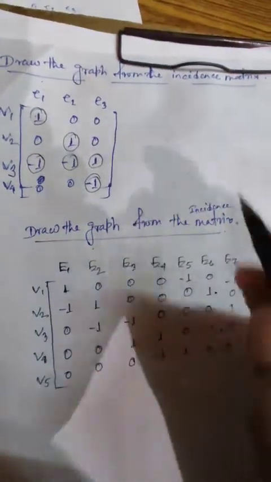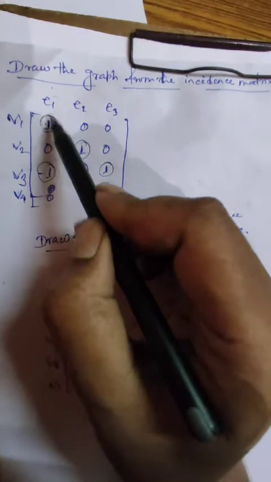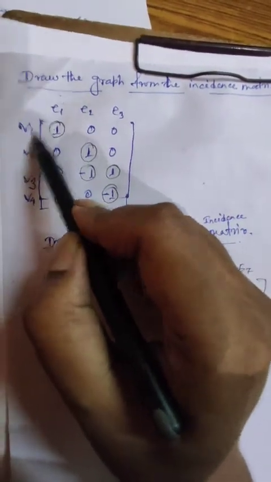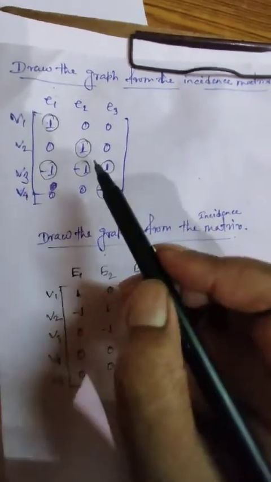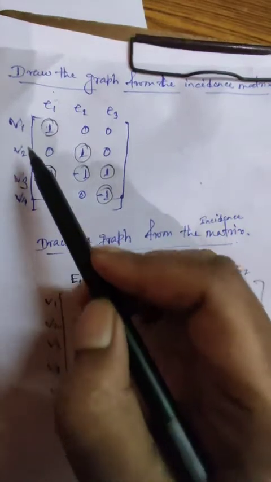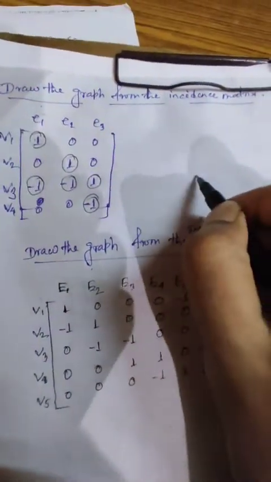So now let us try to draw the graph. E1 is 1 at the term V1 and -1 at V3. That means the vertices V1 and V3 are incident with the edge E1.